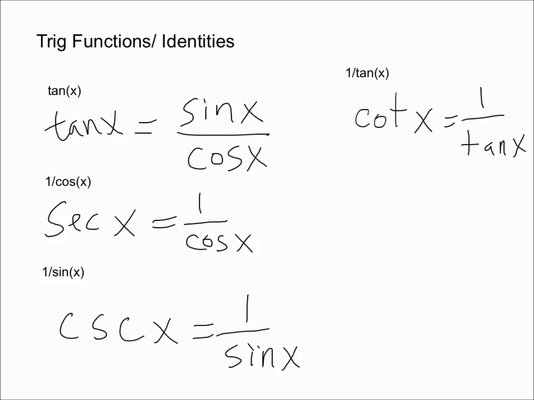Now for the trig identities, the two main ones are cosine squared of x plus sine squared of x is equal to 1, and 1 plus tangent squared of x is equal to secant squared of x. Now these are very useful in solving trig problems because you can make, like in this case, sine squared of x into cosine squared of x.